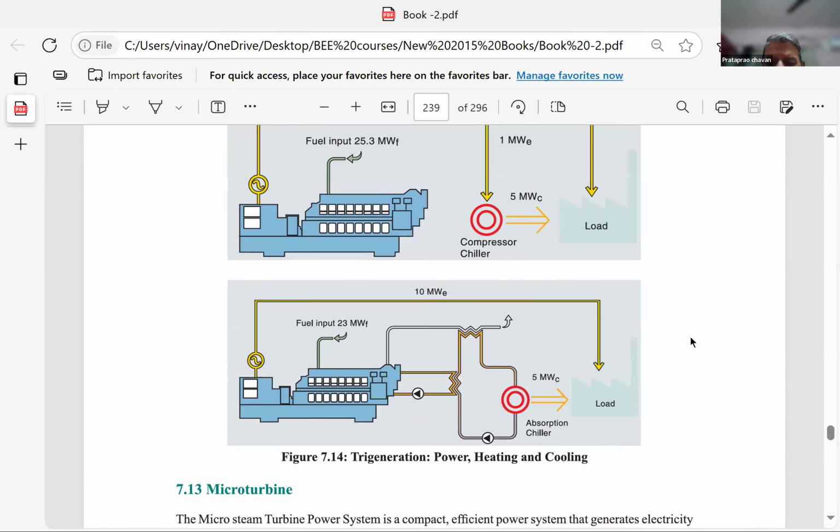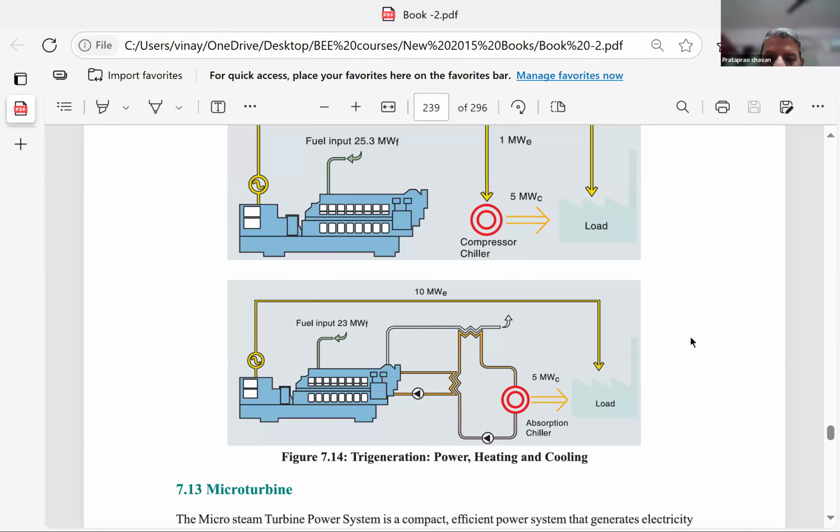In trigeneration, one stream is power, the electrical power that can be generated. Second is heating. The hot water can be utilized for processes or domestic heating. And cooling also, by using absorption chillers, which utilize the heat for absorbing, creating the vacuum and extracting the heat from the water, converting it into chiller temperatures, at sub-zero temperatures many times, and used for large refrigeration houses or large refrigeration systems.